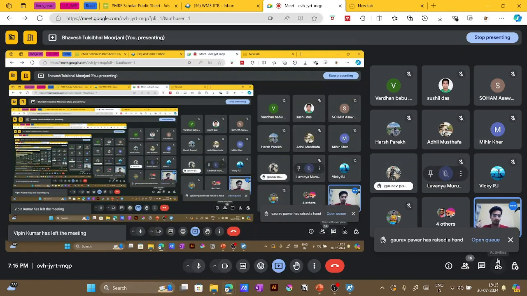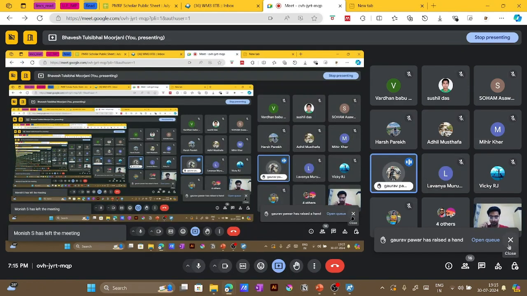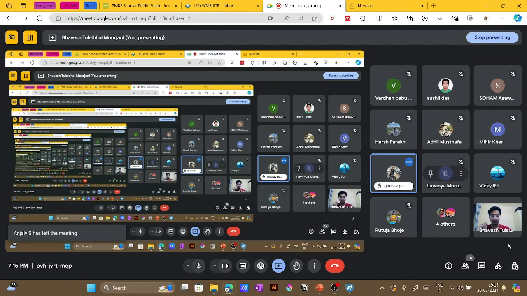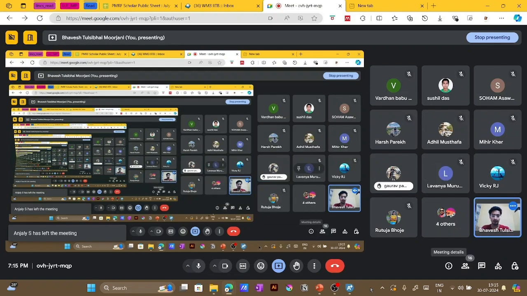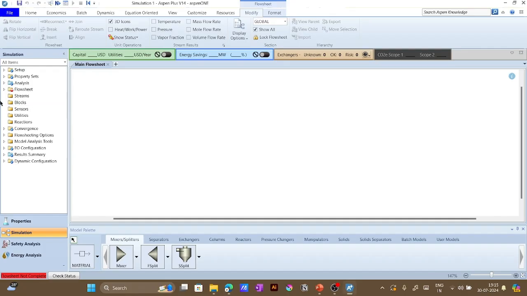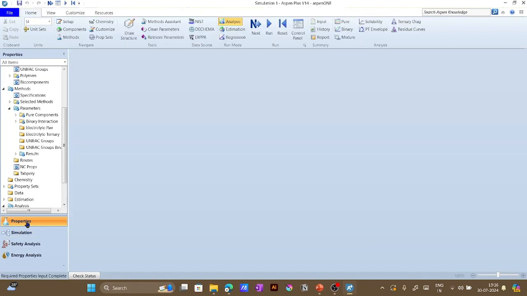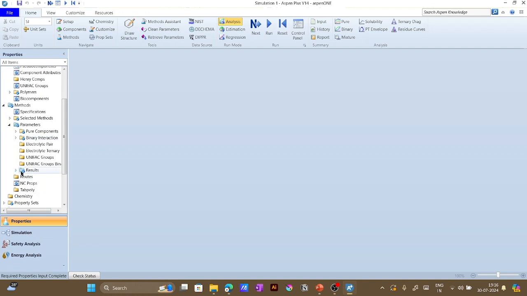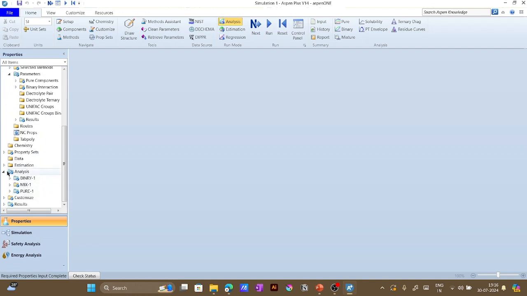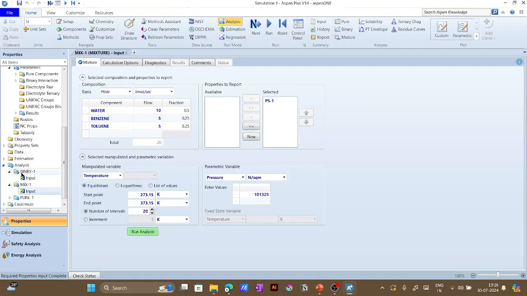Hello. Yeah. Can we convert this graphical form into tabular form? The data that we have generated. Yes. Let me check. I'm not sure. Let me see. Analysis. Let's say mixture. It went away.